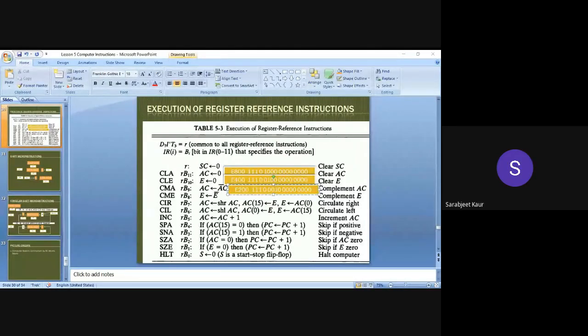Now when we go back, we have done our job. To execute SPA we were here. We have incremented the value of PC by 1, and after that we go out here and we start executing the next instruction cycle.